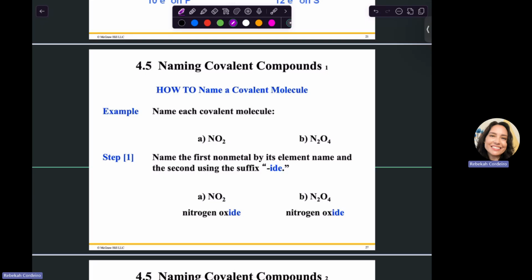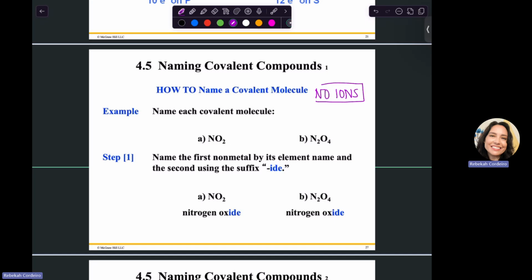So to name a covalent molecule, all you do is change the second element ending to IDE. So first thing we're going to do is use those IDEs, the same thing we did with the anions. They're not anions though, because covalent does not have ions. No ions.